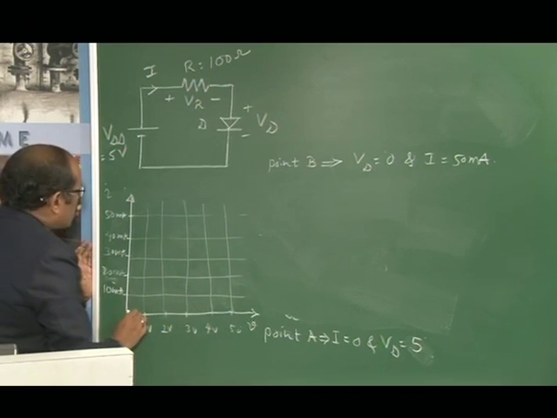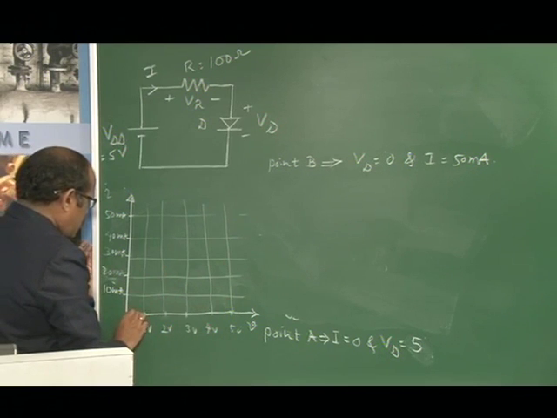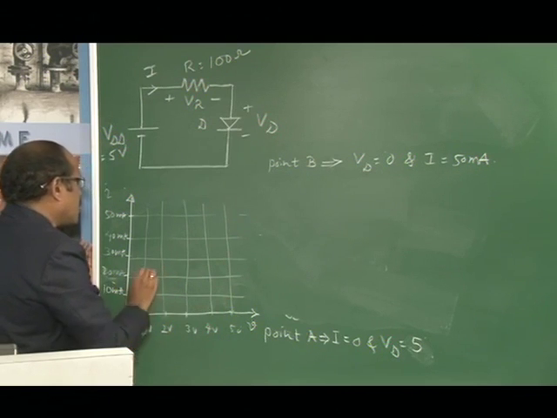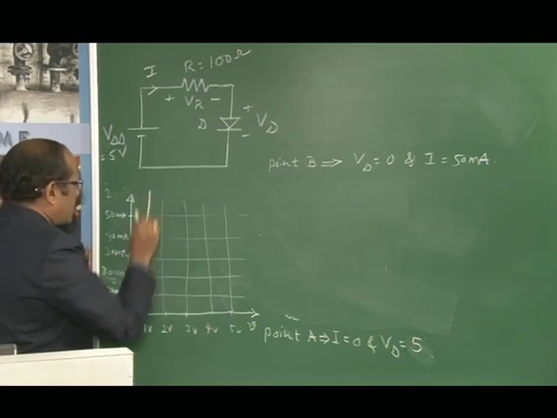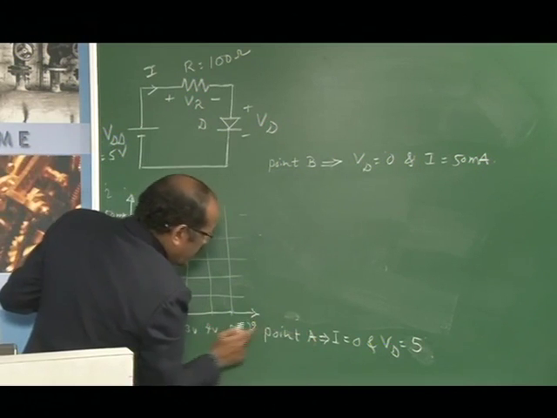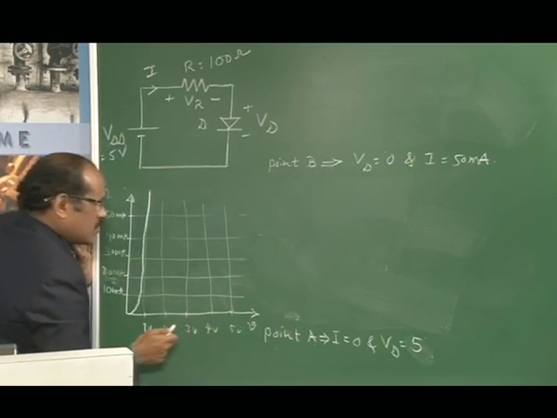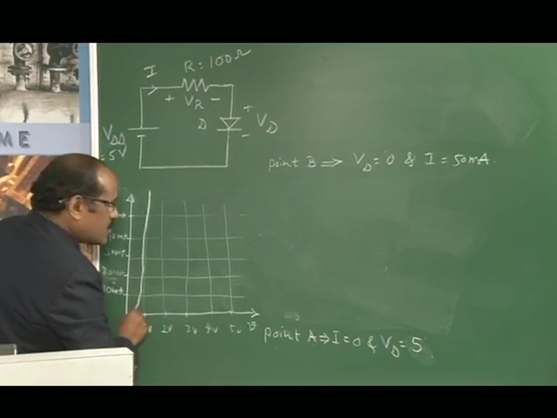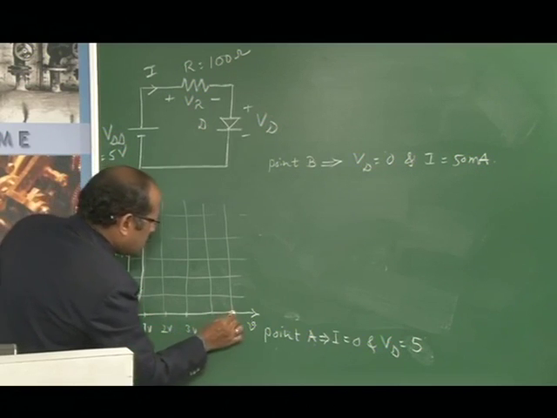If the diode characteristics look like this, this is the diode characteristics you are getting. For the DC load line, point A is along the x axis, therefore I is 0 and VD is 5, that is this point.